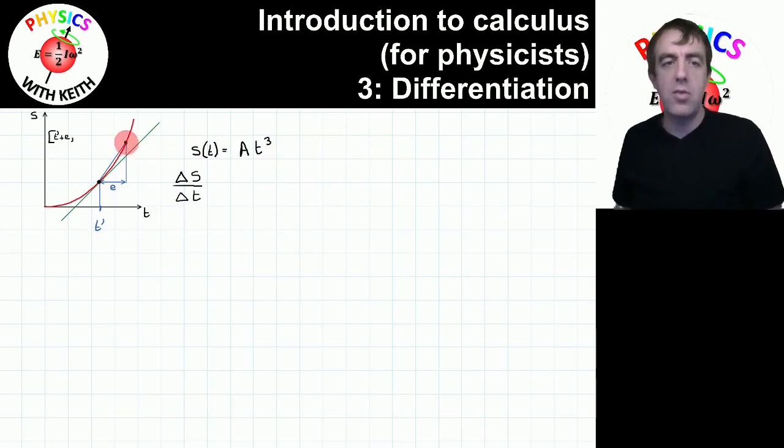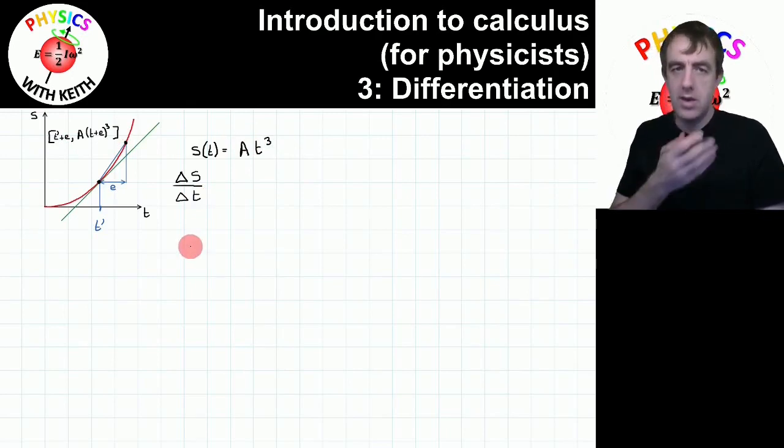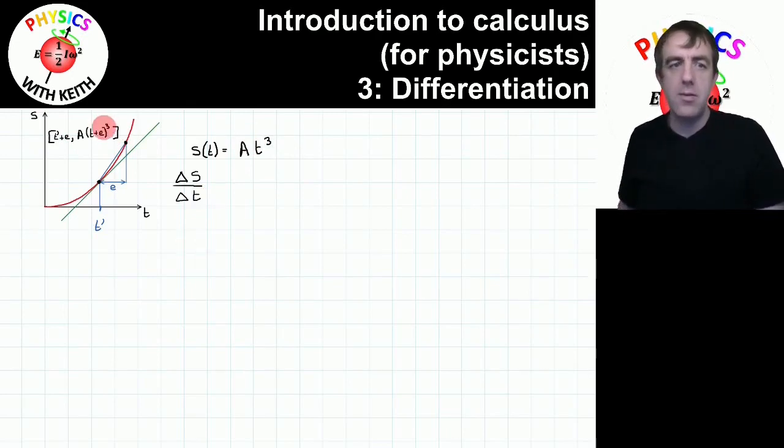As before, for this point here, its coordinates in the x direction are t prime plus this extra bit e. In the y direction, we can use this equation here, and we get this expression that I've written here. Missed a little prime off there. And we could do the same thing for the first point, just like that. Now the gradient of the chord connecting these two points will get closer and closer to the gradient of the tangent at t prime as e approaches 0.